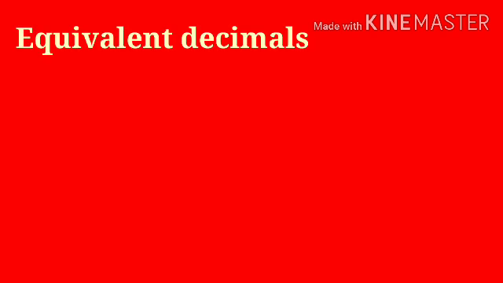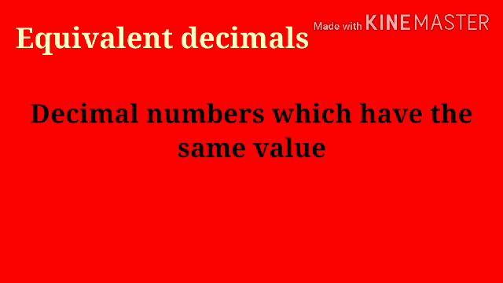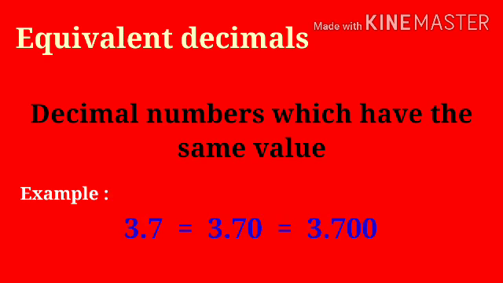What are called equivalent decimals? Decimal numbers which have the same value are called equivalent decimals. Example, 3 and 7 tenths is equal to 3 and 70 hundredths is equal to 3 and 700 thousandths.